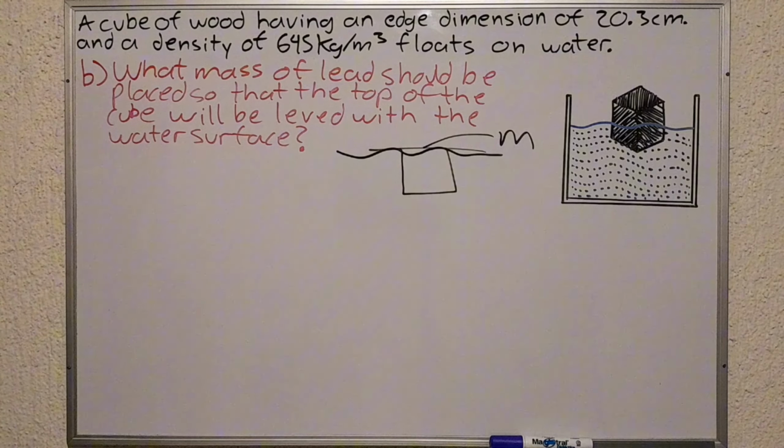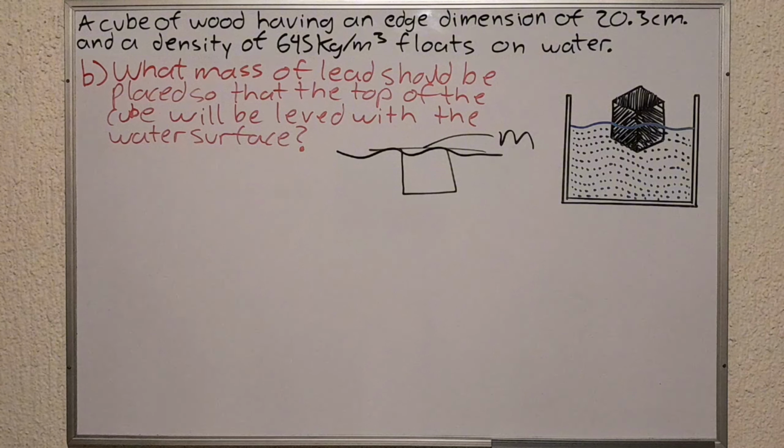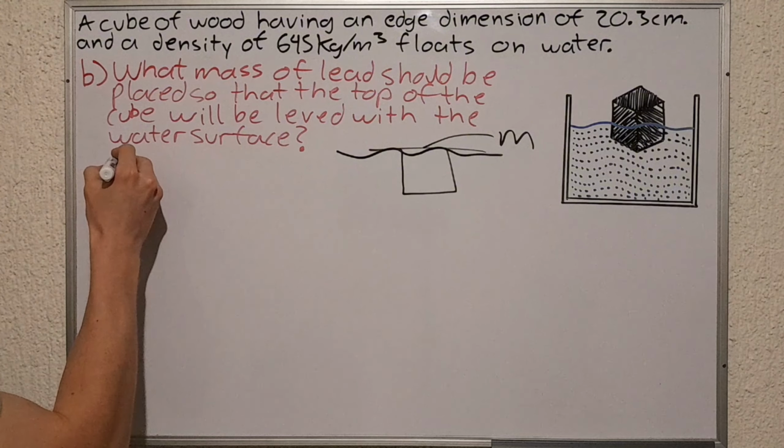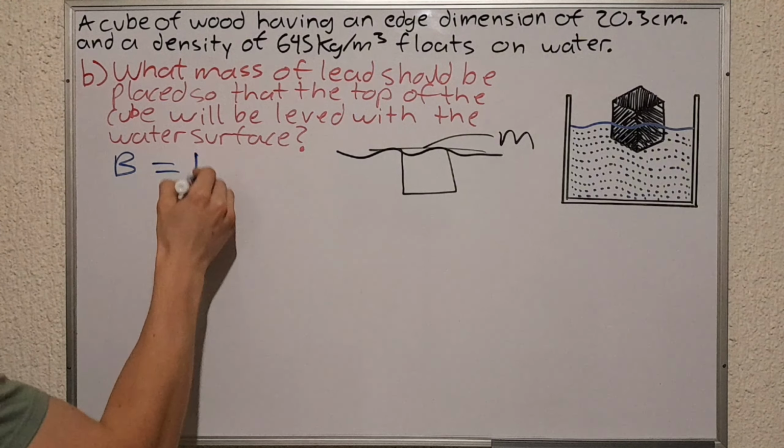So for that, we've got a formula that says B is equal to Fg plus mg.